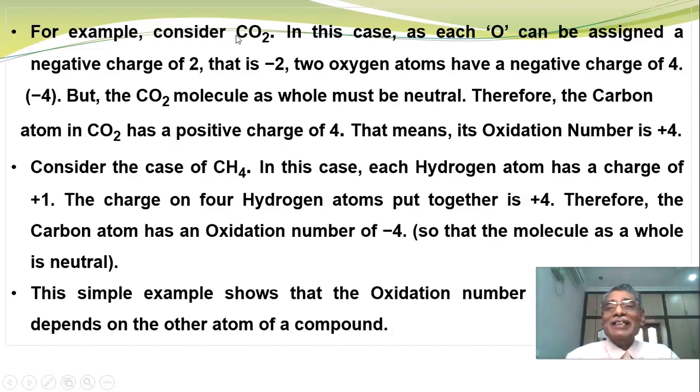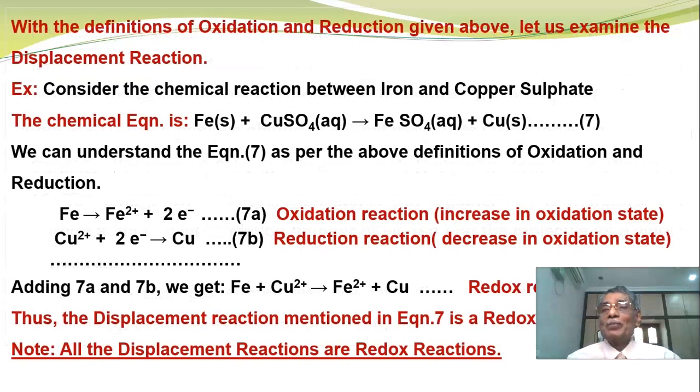Look here, in CO2, the oxidation number of carbon is plus 4, whereas in CH4, the oxidation number of carbon is minus 4. This simple example shows that the oxidation number of an atom also depends upon the other atom of a compound. With the definitions of oxidation and reduction given above, let us examine the displacement reaction.